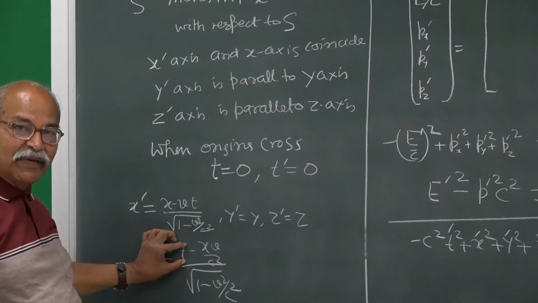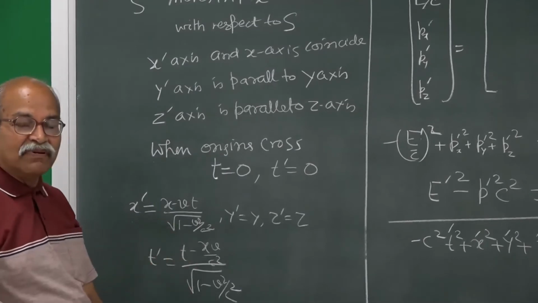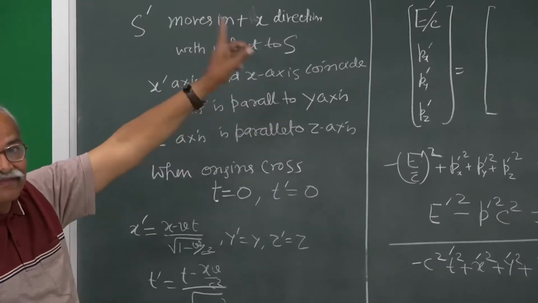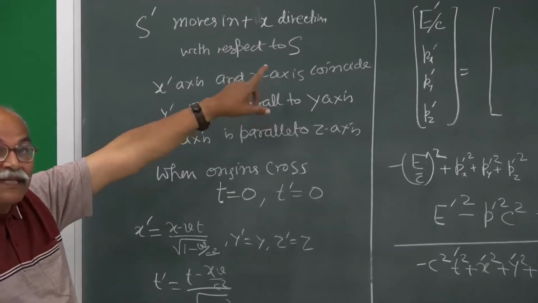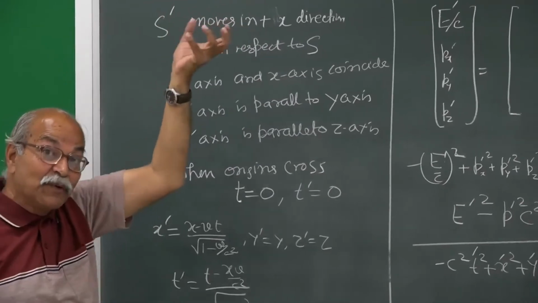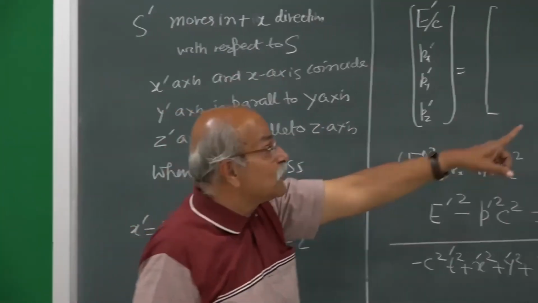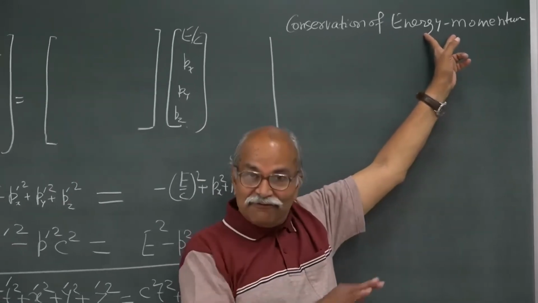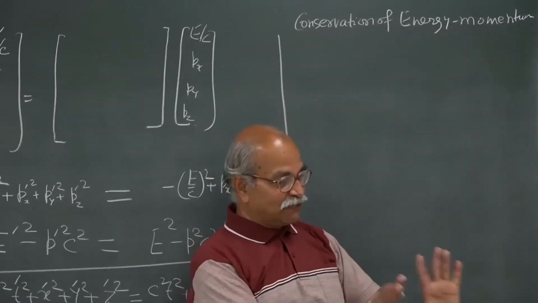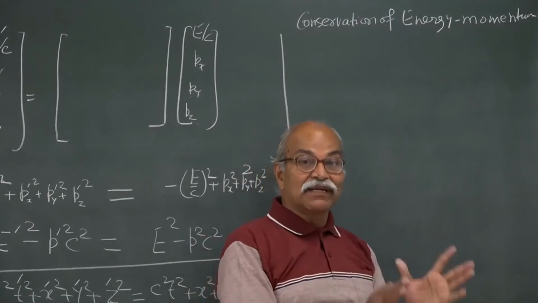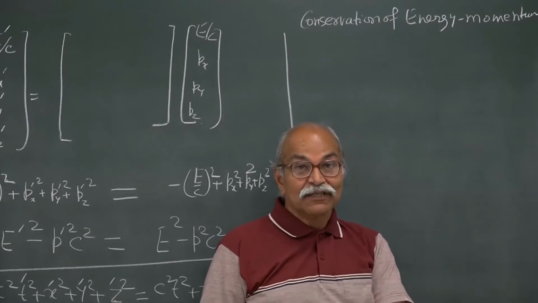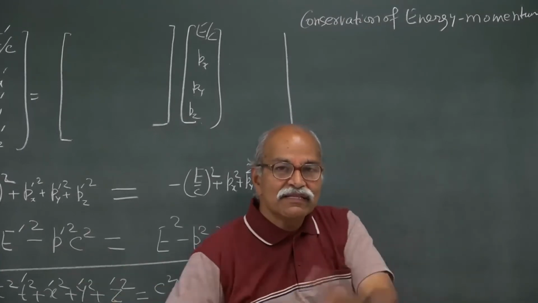So time and space are mixed up. Similarly, energy and momentum are mixed up. They are components of one quantity which you can call energy-momentum. When you fix a frame, yes, you have a separate formula and interpretation of energy and of momentum. But when you change frame, they get mixed up.